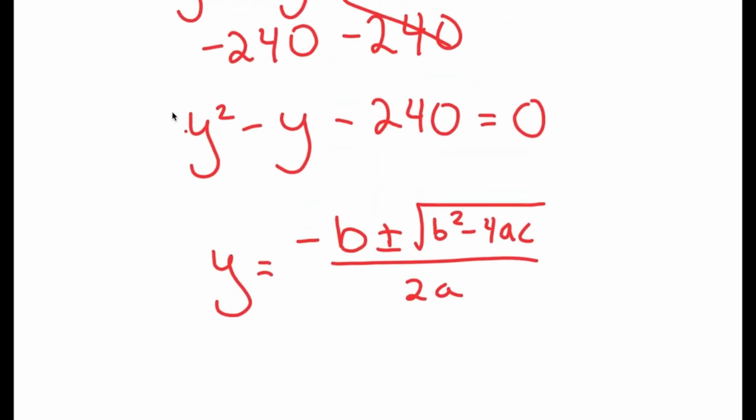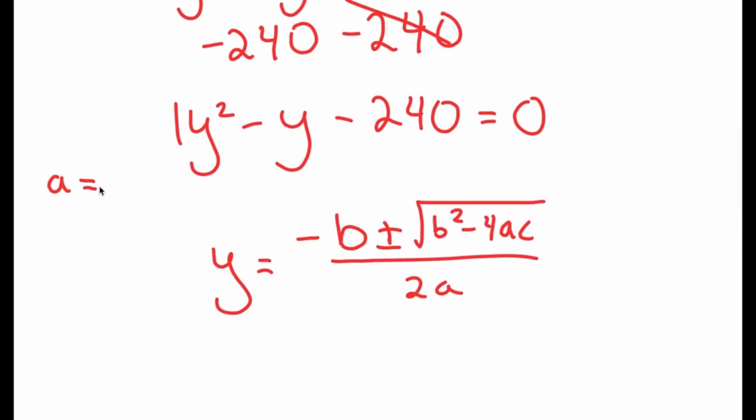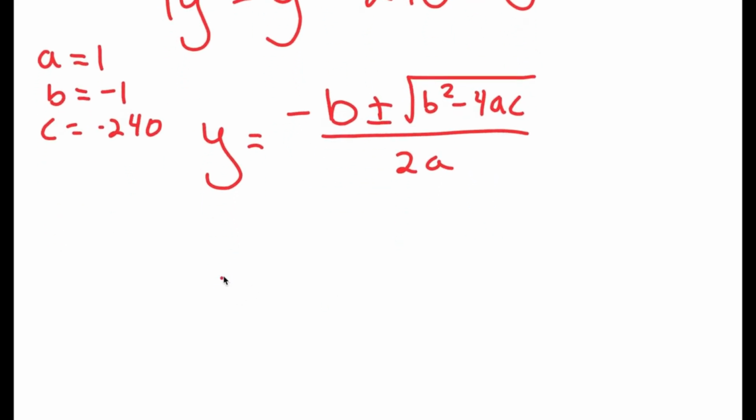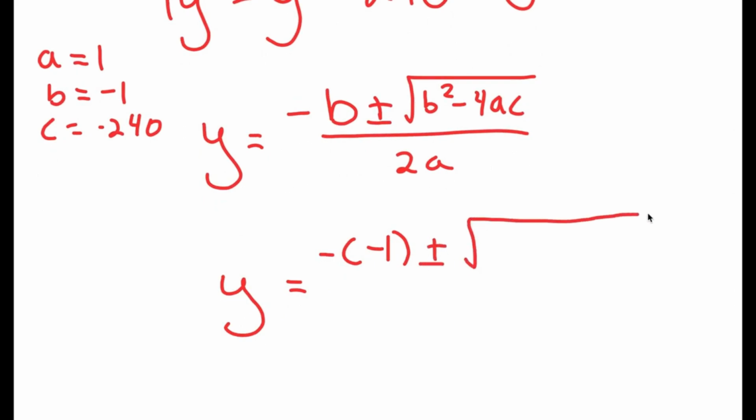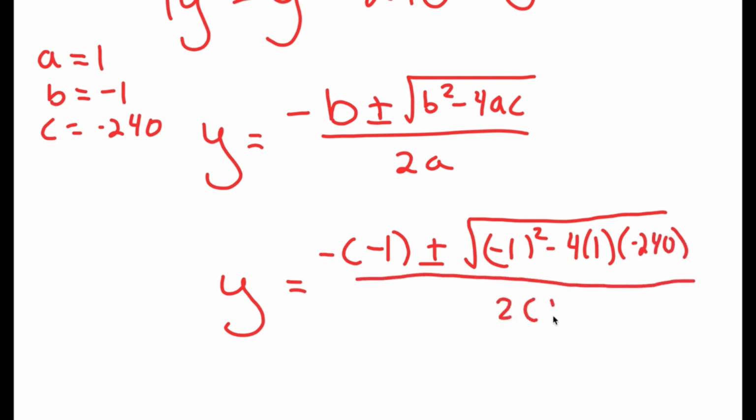So in this case, a is 1, b is negative 1, and c is negative 240. So I get y is equal to negative of negative 1 plus or minus the square root of negative 1 squared minus 4 times 1 times negative 240, all over 2a, so 2 times 1.